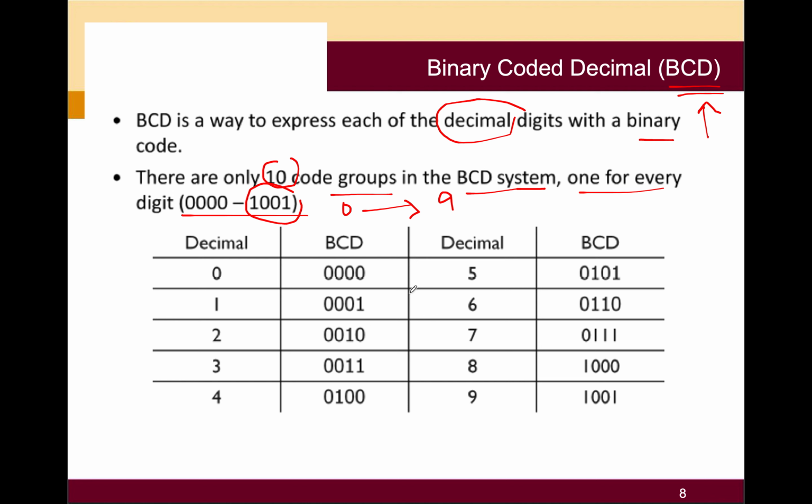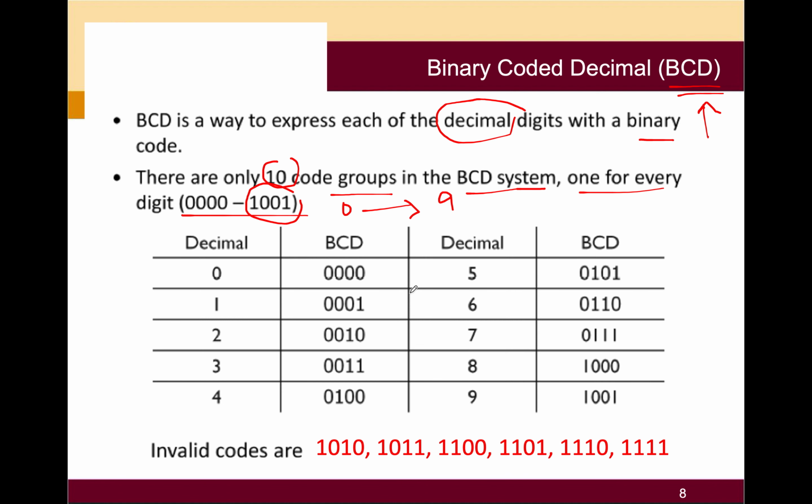That's why there are other binary codes which cannot be used, which are invalid codes, like this one, which would represent 10 decimal, and then this is 11, this is 12, 13, 14, and lastly 15. So these are the invalid codes.